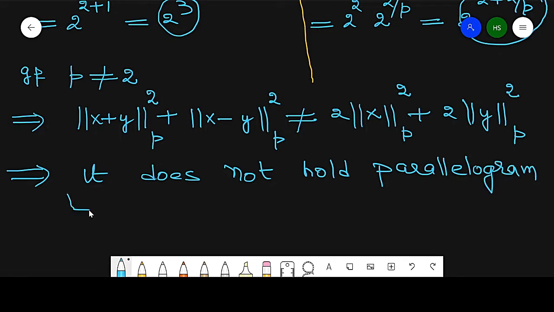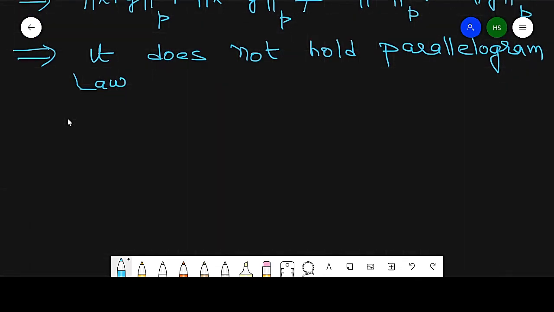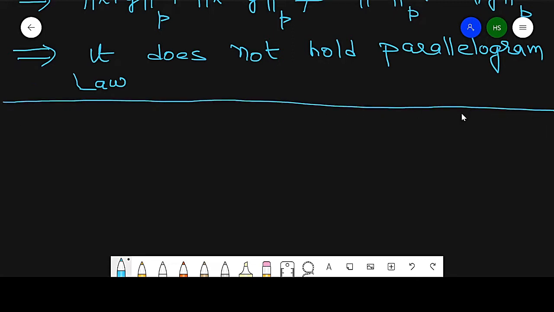So it means it is a normed space and it is not a Hilbert space, because it is a Banach space, but it is not a Hilbert space because it does not hold the parallelogram law. So in our question, the statement was it does not hold a parallelogram law. Also, we can say that it is an example of Banach space which is not a Hilbert space.